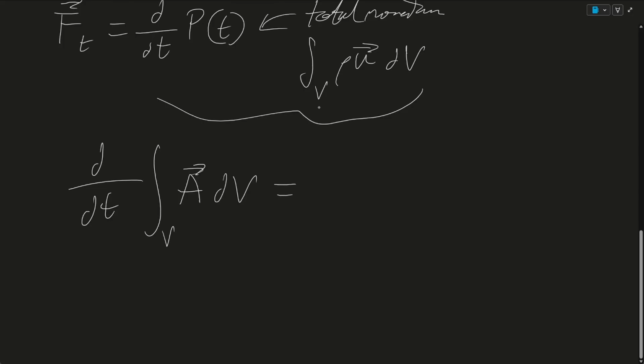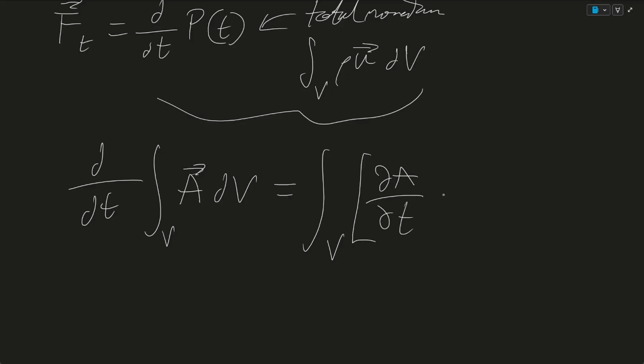And the Reynolds transport theorem says that this is, over V, the integral of the partial of A with respect to t plus del dot A cross u, dV.